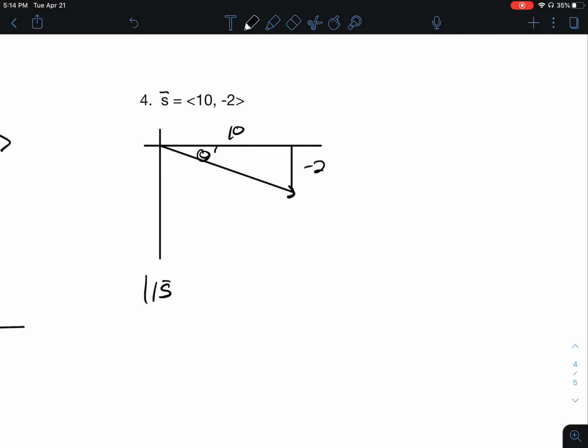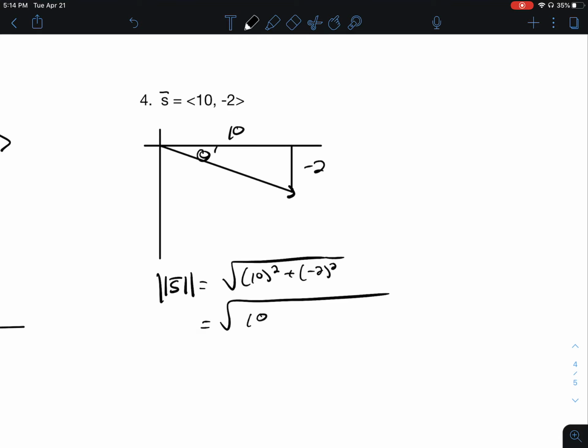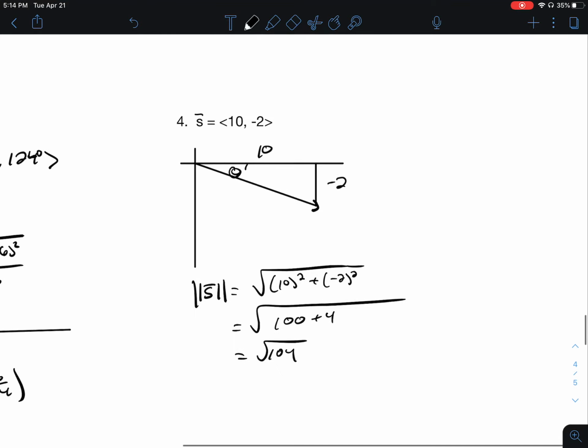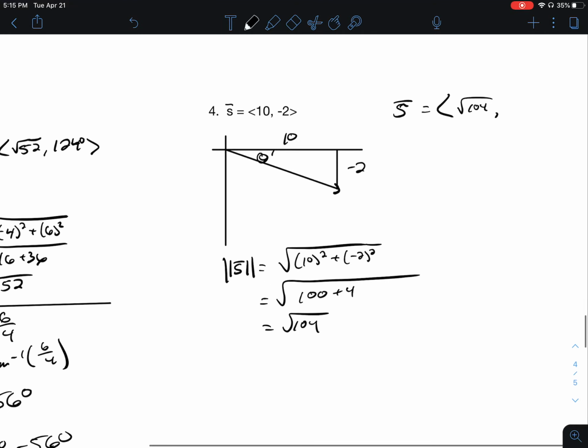The magnitude of vector S is the square root of the x component squared plus the y component squared. Add those together and square root them. That's 104. So the magnitude of this little fella is the square root of 104. We could simplify that, but let's not focus on that right now.